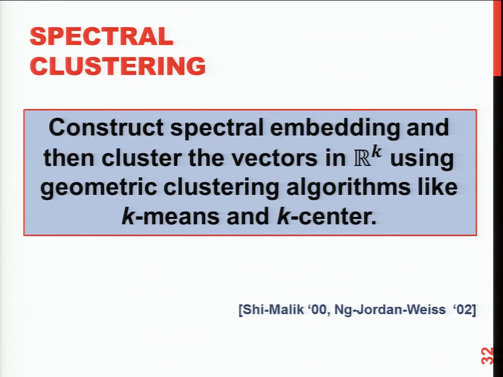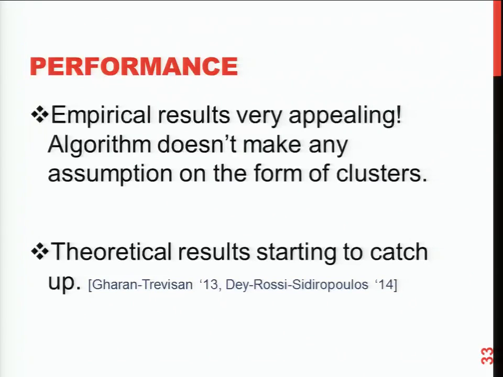So these kinds of clustering algorithms were used in some influential papers in machine learning in 2002, and these empirical results are very appealing. The algorithm, as I said, doesn't make any assumption on the form of the cluster. So unlike the geometric clustering algorithms, you don't need to assume that the clusters look a particular way.